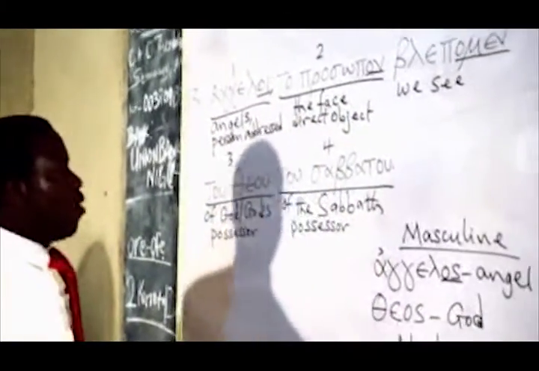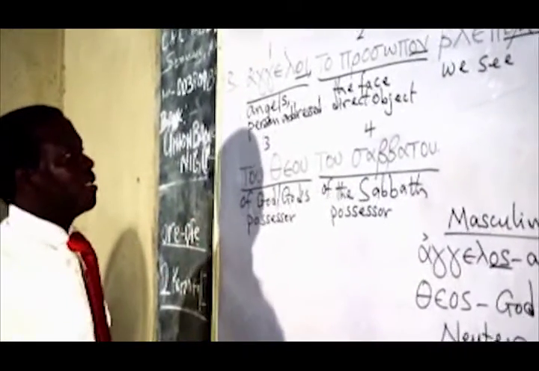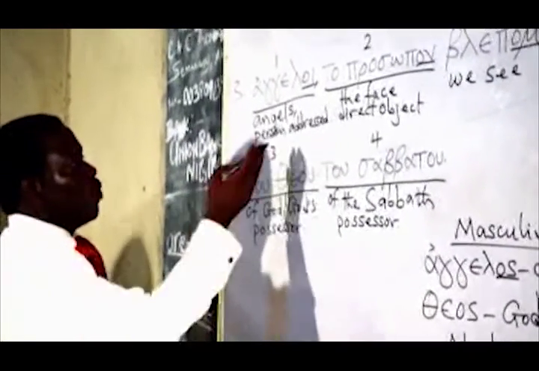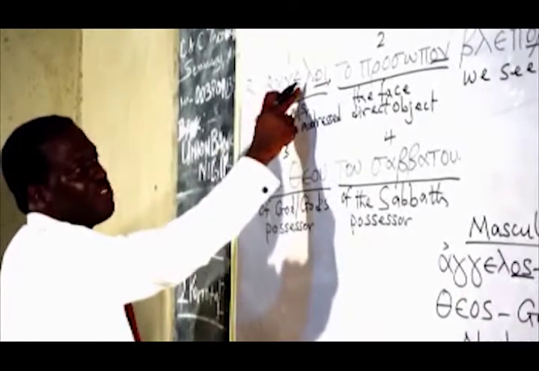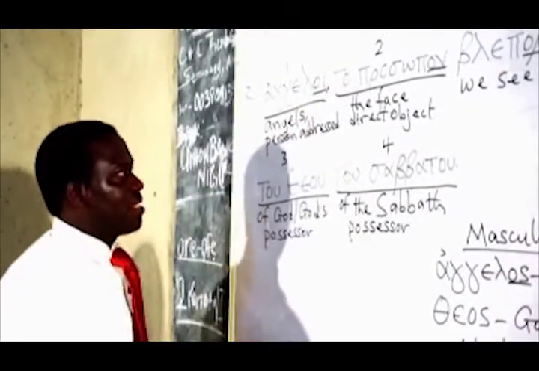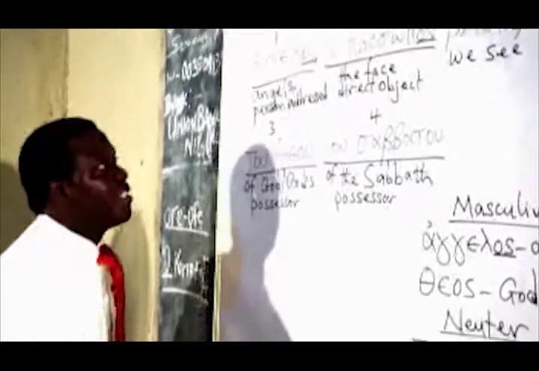Okay? Now we've done the rough translation. How do we fix it? Since we have person address, we separate the person address from the statement addressed to the person. So the person address will come first in English syntax.